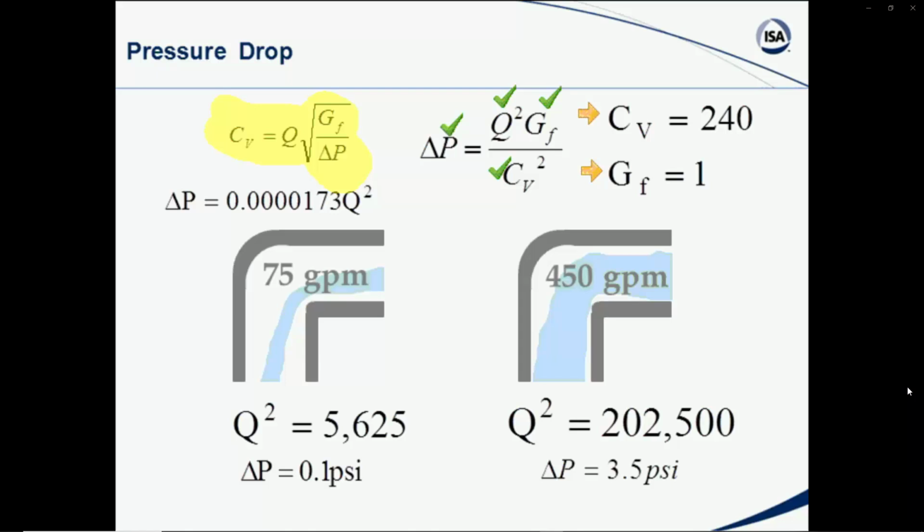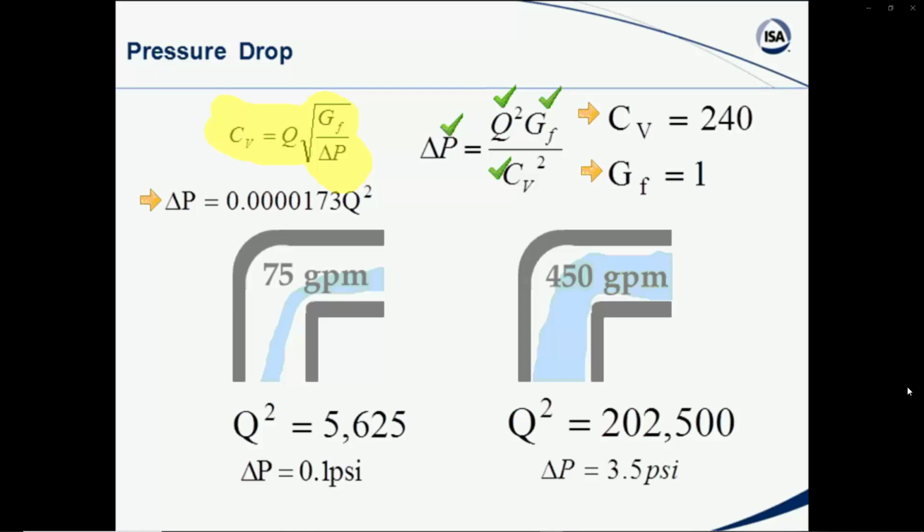So if you plug these numbers into this particular equation, the differential pressure is equal to 0.0000173 times the flow squared. Remember again that the flow rate is proportional to the square root of the differential pressure.